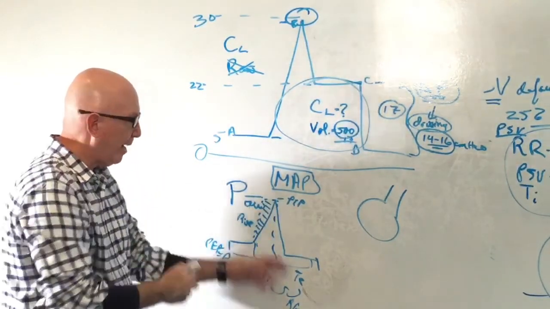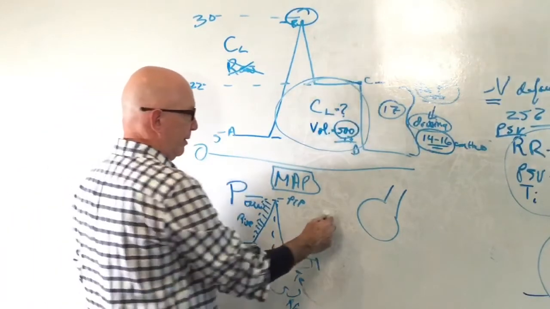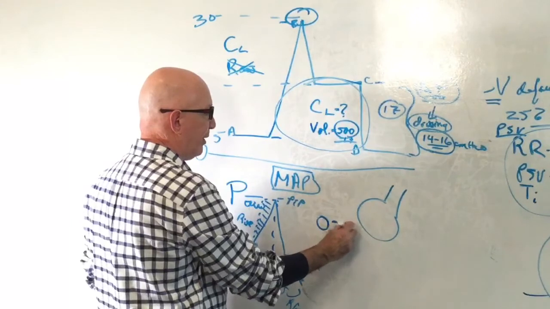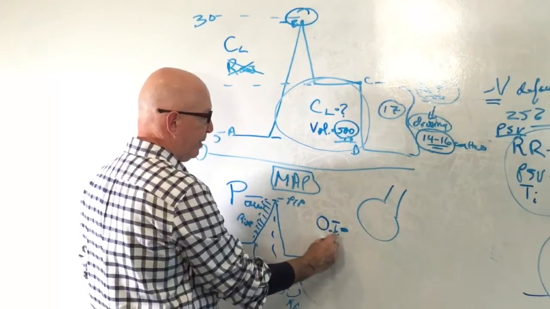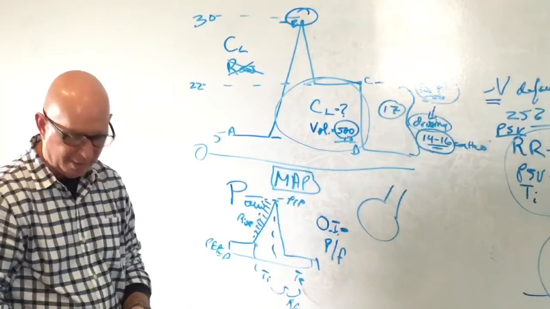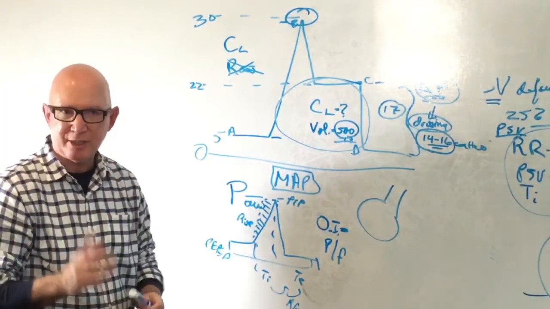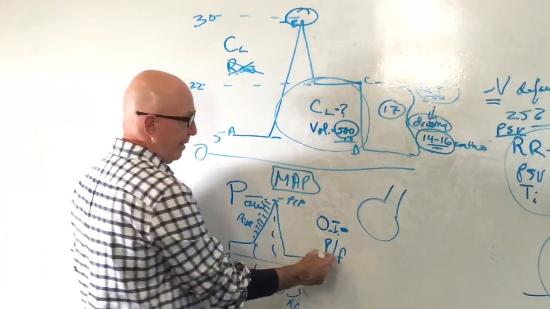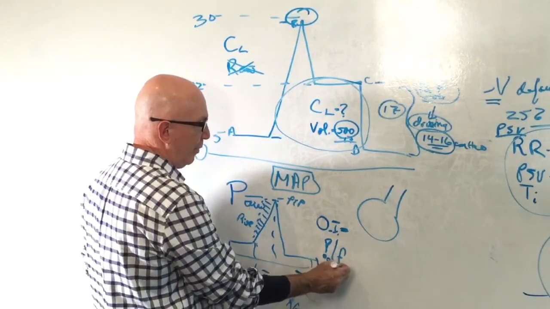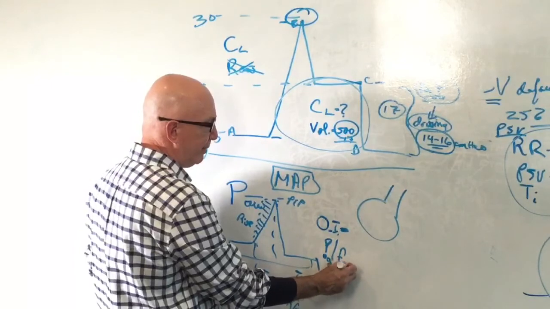However, if you look in the literature for oxygenation, you'll come across something called the oxygen index. Typically, we talk about the PF ratio when we're talking about ARDS and trying to figure out how well someone's oxygenating. But the PF ratio is the PaO2 over the FiO2.